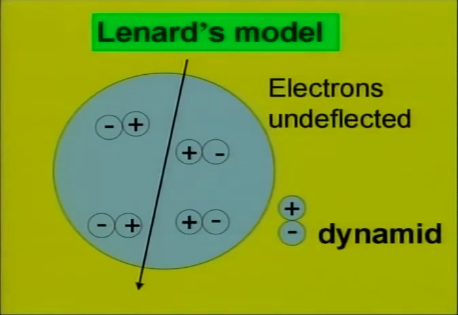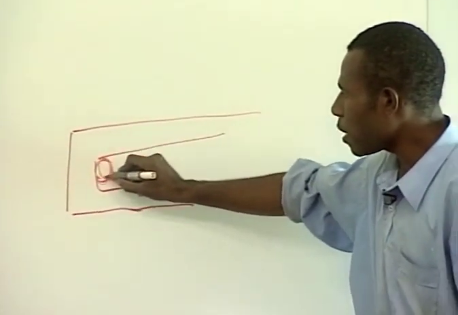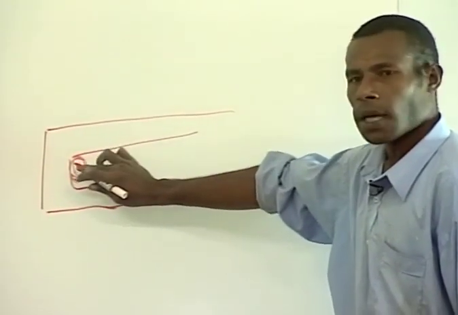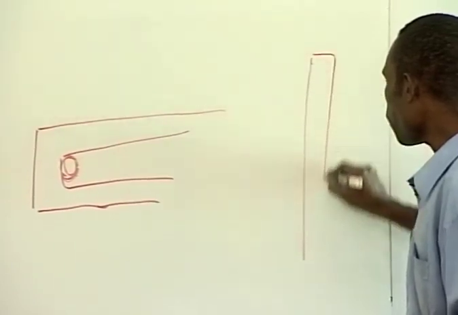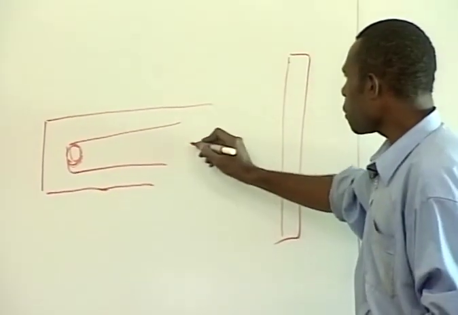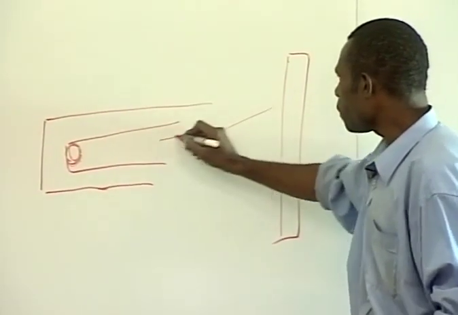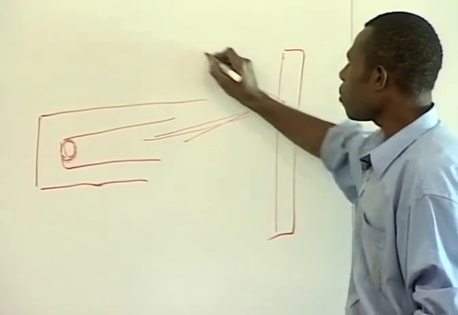There was something like this. This one is a lead block. In here you have a radioactive substance, and when this alpha particle was fired from this into gold foil, some of these particles were coming back.